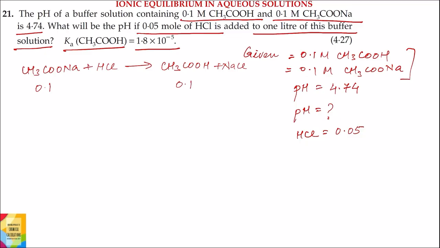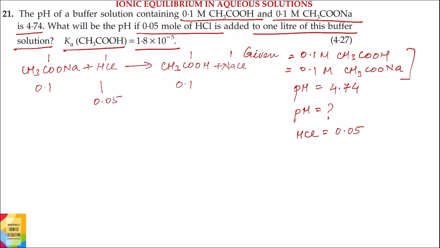Now from the stoichiometry of the reaction, 1 mole of sodium acetate reacts with 1 mole of HCl to give 1 mole of acetic acid and 1 mole of NaCl. Now what happens when 0.05 mole of HCl is added?